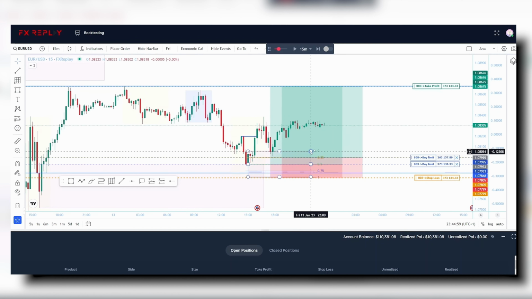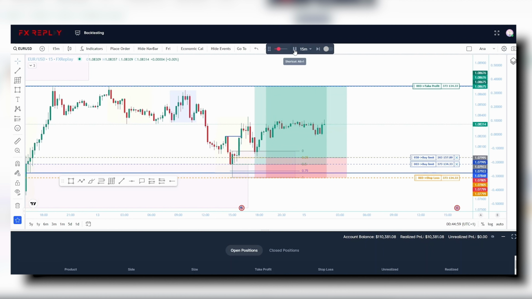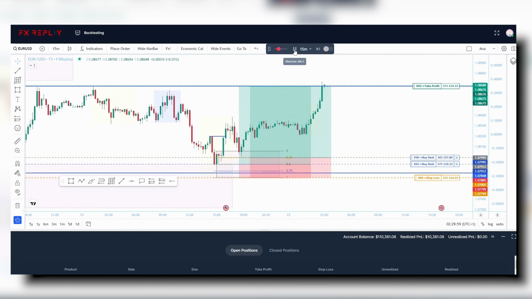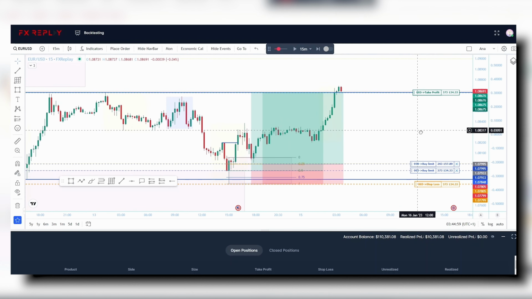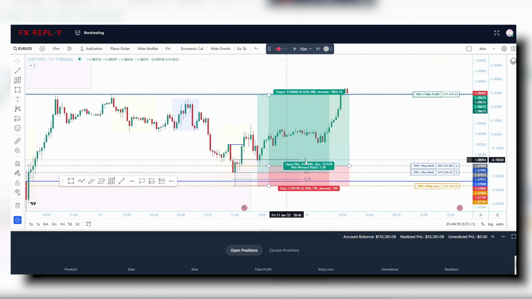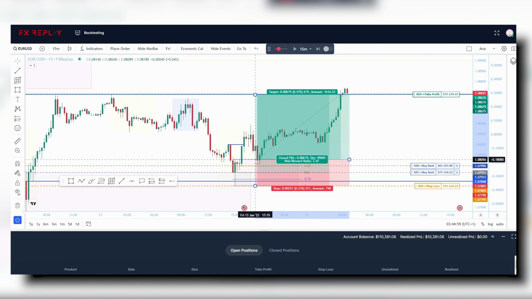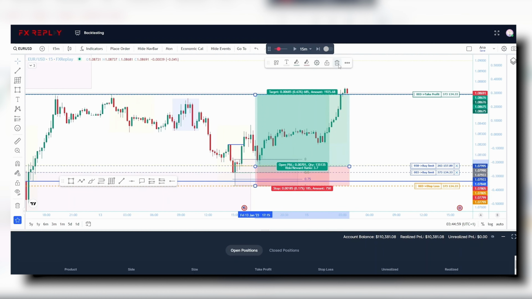If I put the entry on the 0 level, I would have been tagged in. But for now, another TP hit. So that's why sometimes we should not be too greedy to look for extreme risk rewards. If I had this entry, okay, 2.5. This was giving me 3.7. Never mind, let's move on.